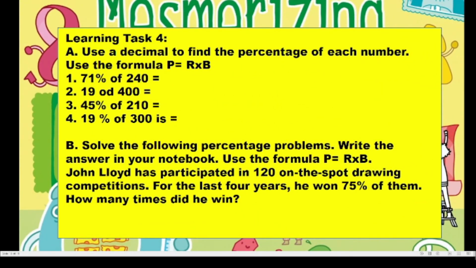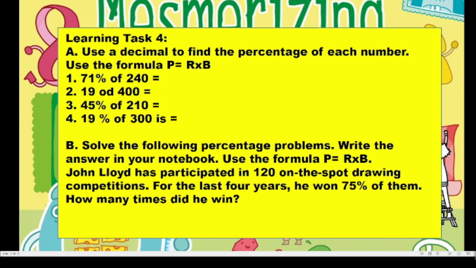Learning task number 4. Use a decimal to find the percentage of each number. Use the formula P is equal to R times B. Number 1, 71% of 240. Our rate here is 71, times 240, which is our base, and we are looking for the percentage. Change 71% into decimal, 0.71 times 240.